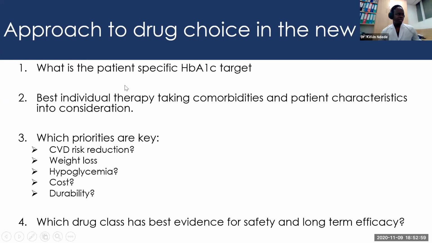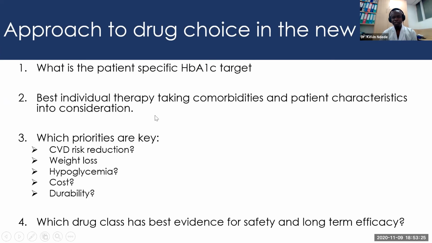The first one is what is the patient-specific HbA1c target? Because this is not a uniform target for everyone. Individuals who are younger, you generally look for more intensive control. For those who are older, we do less intensive control because of the higher risk of hypoglycemia.